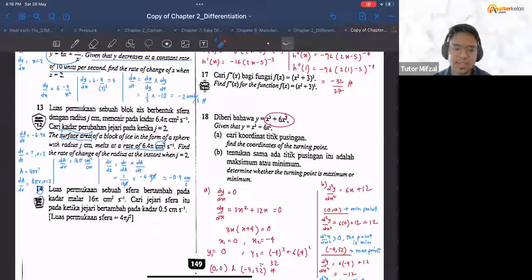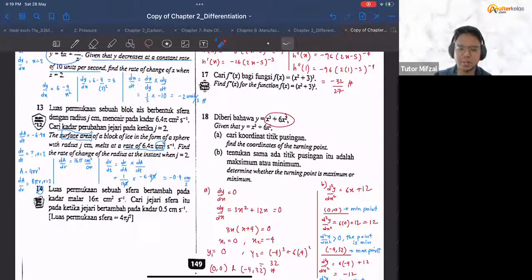Remember, sometimes some questions require you to clarify. They will ask you to determine whether the X value is suitable or not.